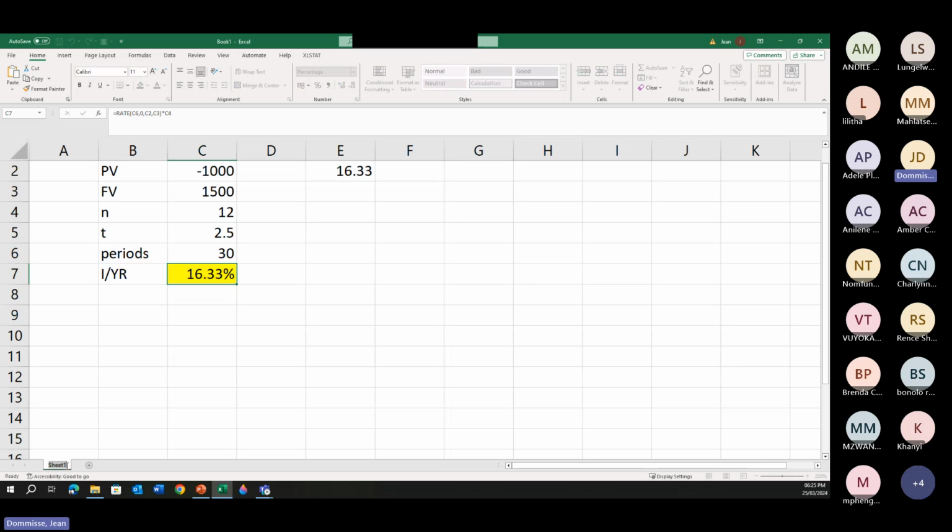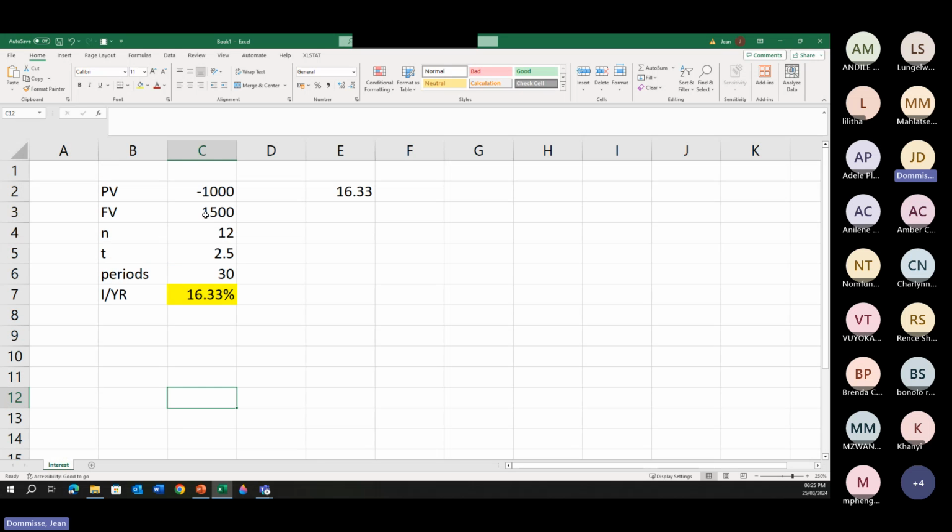I will share this with you guys as well, because this is a nice one, and there is maybe another problem, then we will put in another formula here. So this was when we needed to work out the interest.